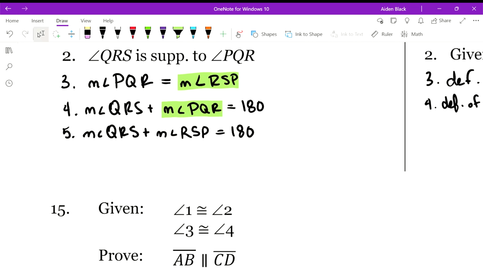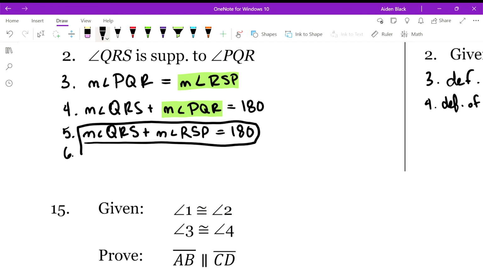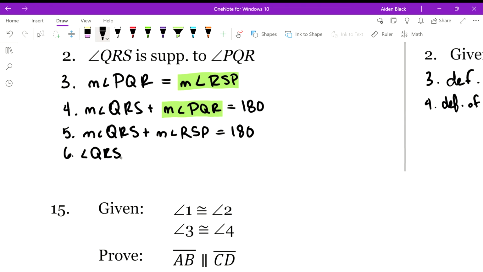So fortunately before that I got to do one more thing. I got to say, based on this statement, I can say that angle QRS is supplementary to angle RSP.